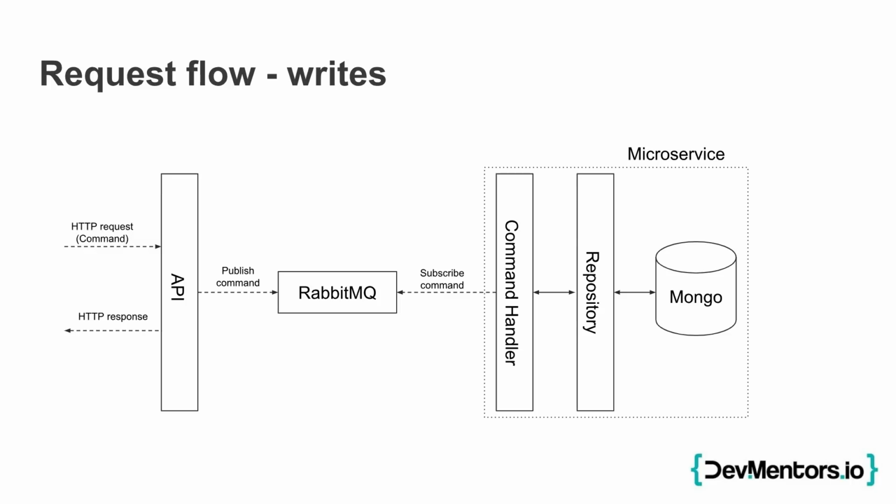We will use the publish-subscribe method as communication between the API and the particular microservices, and maybe this is not clear on this diagram, but after publishing the command, the API returns the response to the client. So immediately after we publish the command, we return the response code, which is 202, which is accepted.